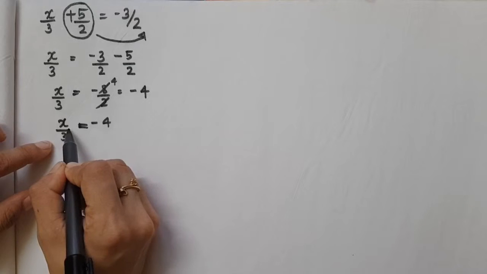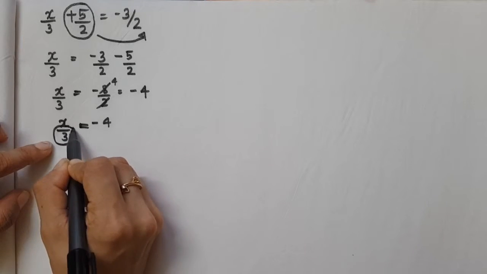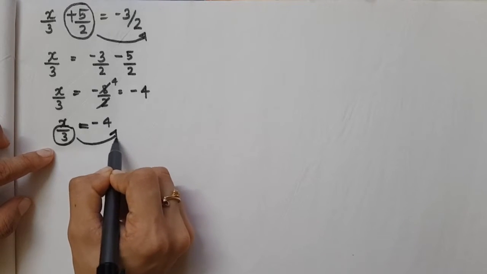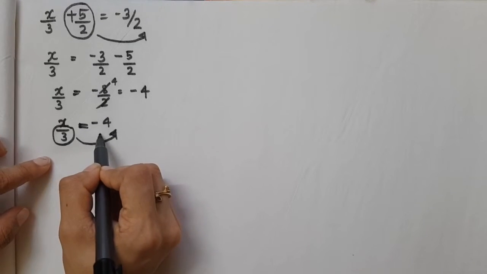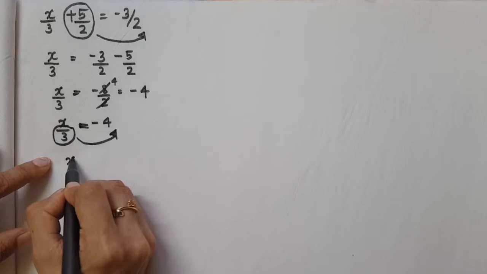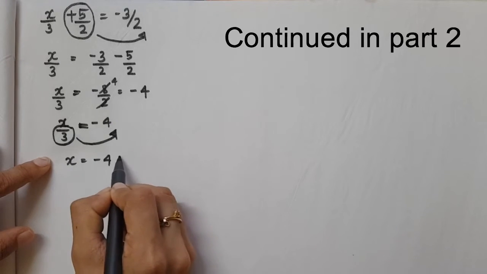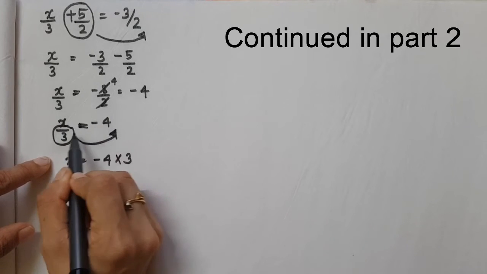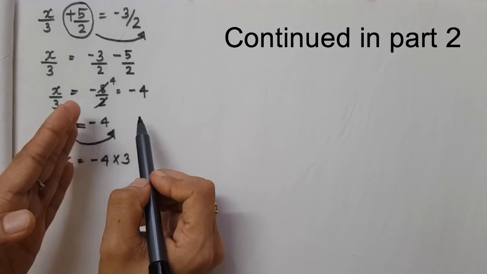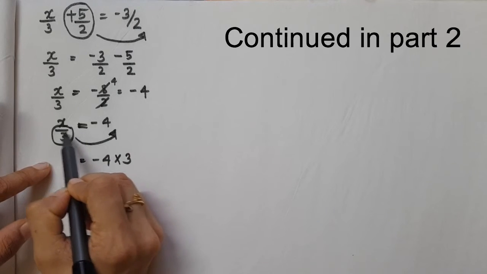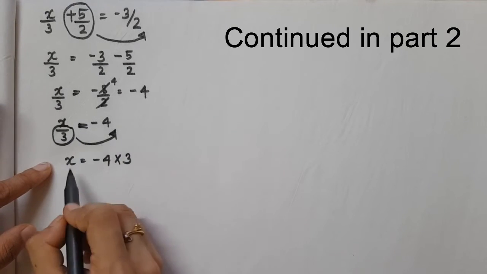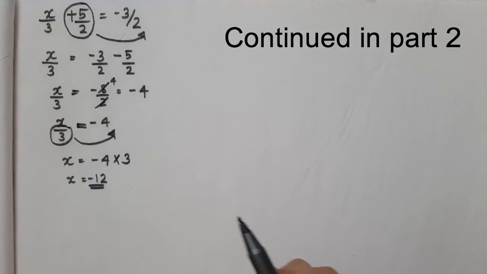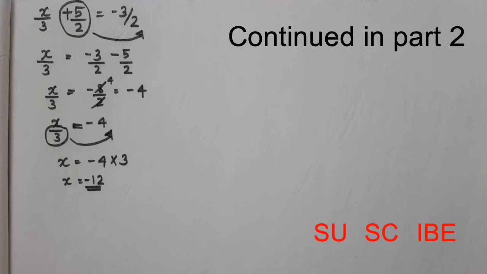So we have to take this divided by 3 to this side. When divided, it will become multiplied. So x is equal to minus 4 times 3, because you are taking it across the equation. When you are taking from LHS to RHS, the division becomes multiplication. So x is equal to minus 12. I hope it is clear for you all.